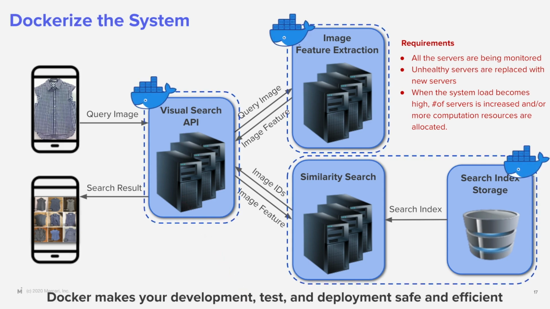To improve the stability, the first step is to Dockerize each component. Docker makes your development, test, and deployment safe and efficient. It's helpful and useful, but not enough to keep the system available efficiently.